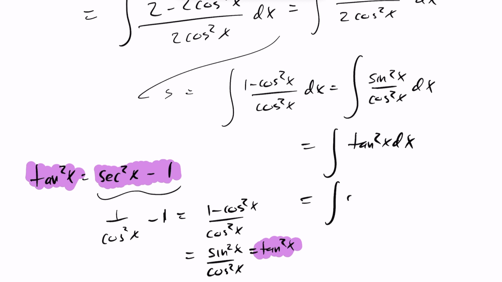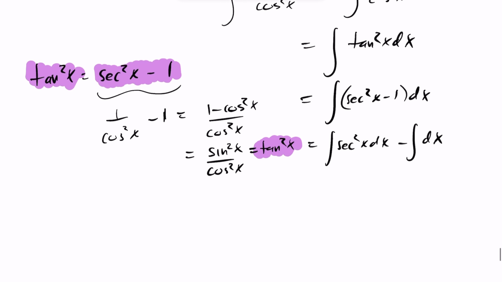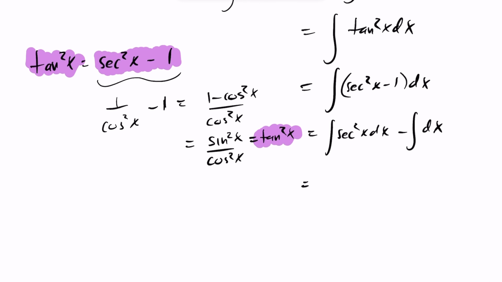This becomes the integral of (secant squared x minus 1) dx, and that'll be the integral of secant squared x dx minus the integral of just dx. And now if we continue, we know that the derivative of tan x is secant squared x.